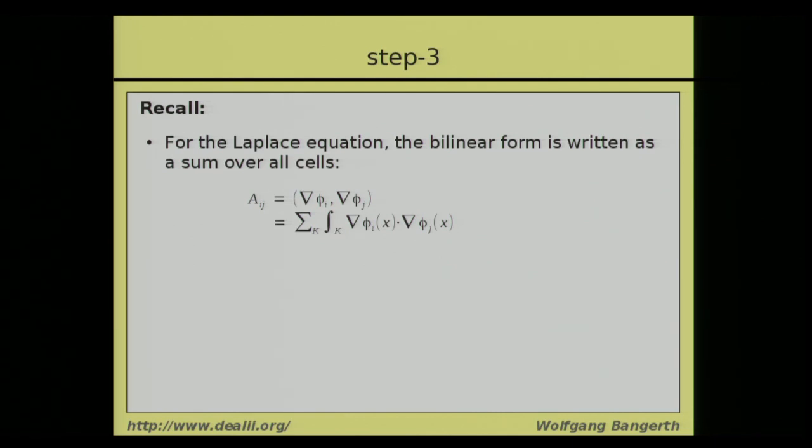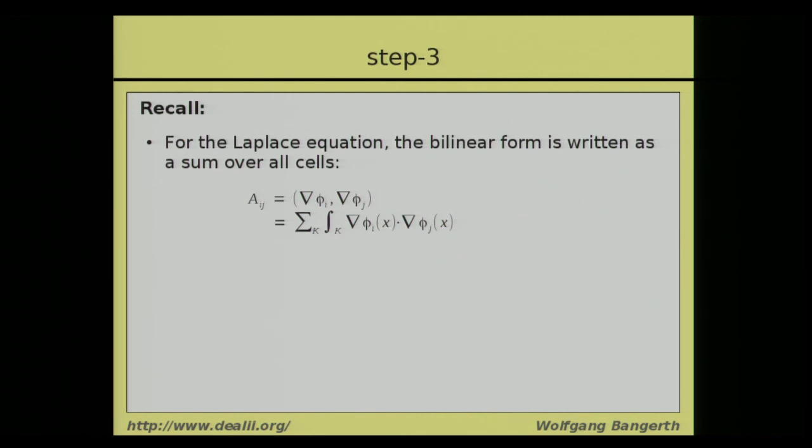So let's say I have 100 degrees of freedom on, for example, 80 cells. Then the outermost loop over i would run over 100 iterations, the middle loop over j would run over 100 iterations, and the innermost over all the cells would run over 80. So we would have a total of 100 times 100 times 80 equals 800,000 inner iterations that we have to go through.